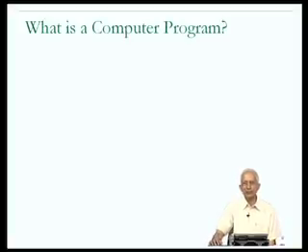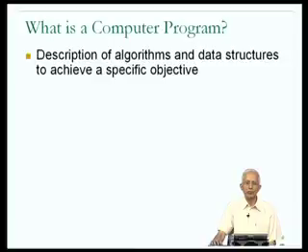Let me start by trying to answer this somewhat basic question, so there's no doubt in anyone's mind about what I mean by a computer program. So what is a computer program? Now, in a course on programming, or the first course in computer science that you take, you will be told that a computer program is a description of algorithms and data structures to achieve a specific objective.